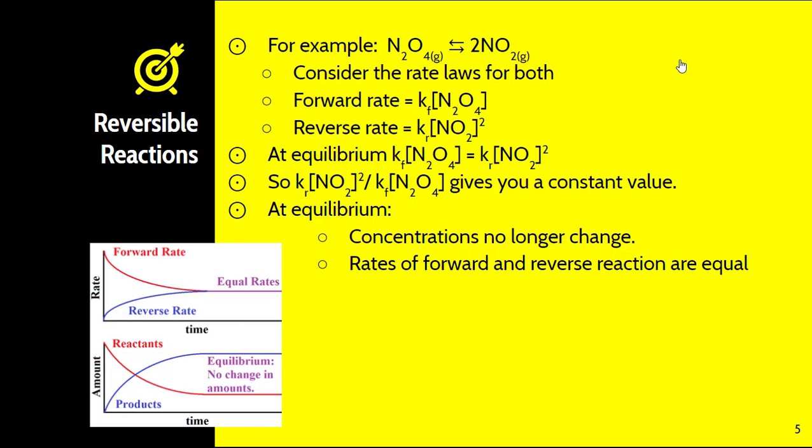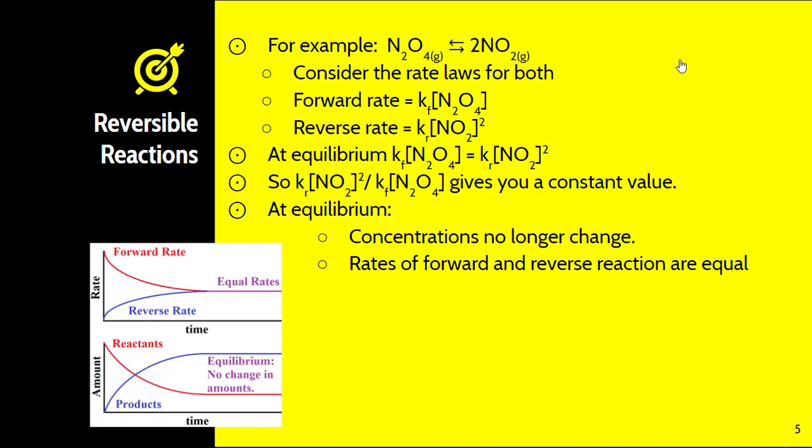Now at equilibrium, remember the rates are going to be the same, so we can set them equal to each other. Based on this information, if the rates are the same, we can get a constant value if we know the concentration of NO2 at equilibrium and the concentration of N2O4 at equilibrium. So keep in mind, at equilibrium, the concentrations no longer change. Okay, they may be different from one another, but they no longer change.